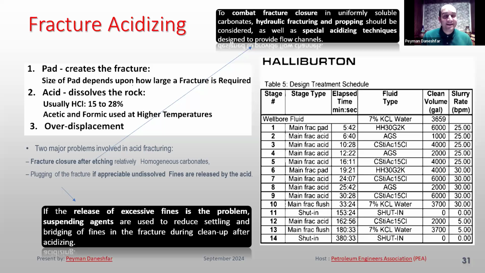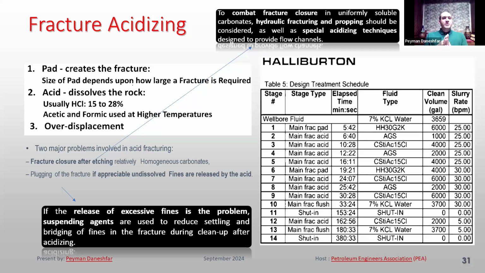But some other references tell us that 22% HCl acid is better than others. I don't know why, but keep in mind, we can use 22% also. And another one is the overflush or the displacement.